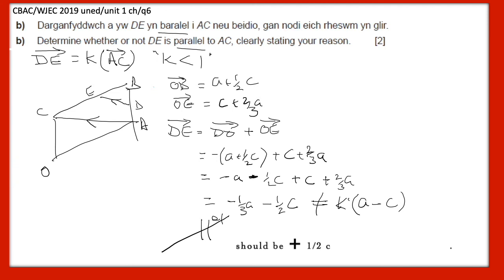The other method you could use, which you might consider here, which I quite like, is the fact that the triangles are similar. In this particular case, the triangles are not similar because that's 1/3 of A. This is 1/2 of C, but that angle at B, whatever it happens to be, is the same.